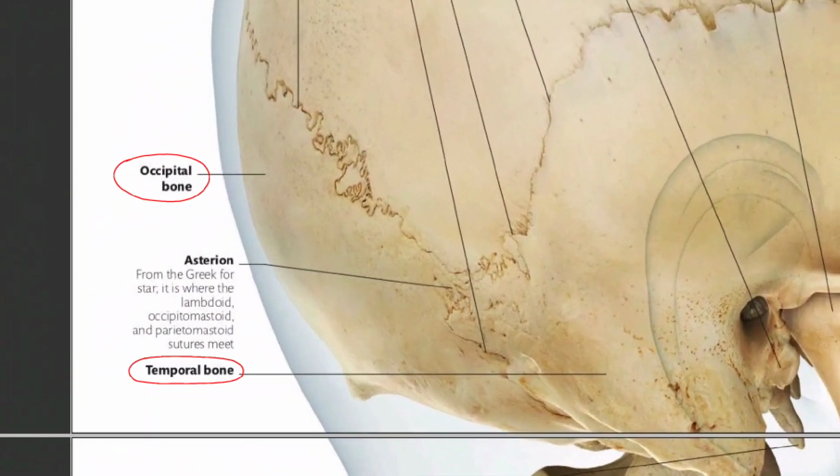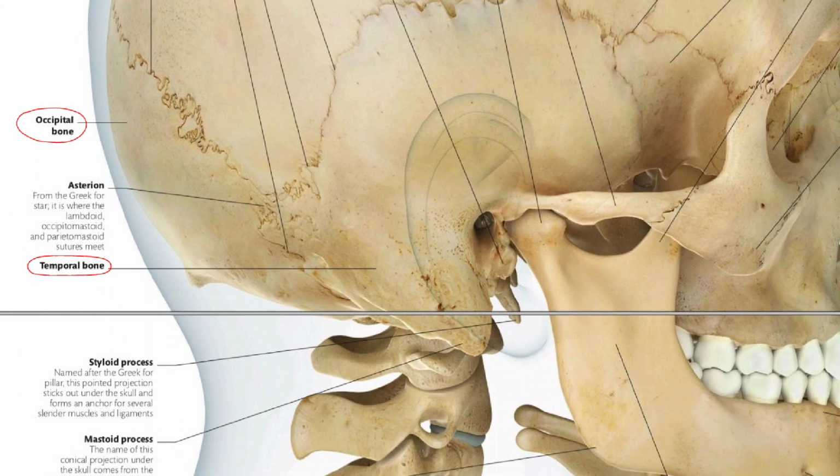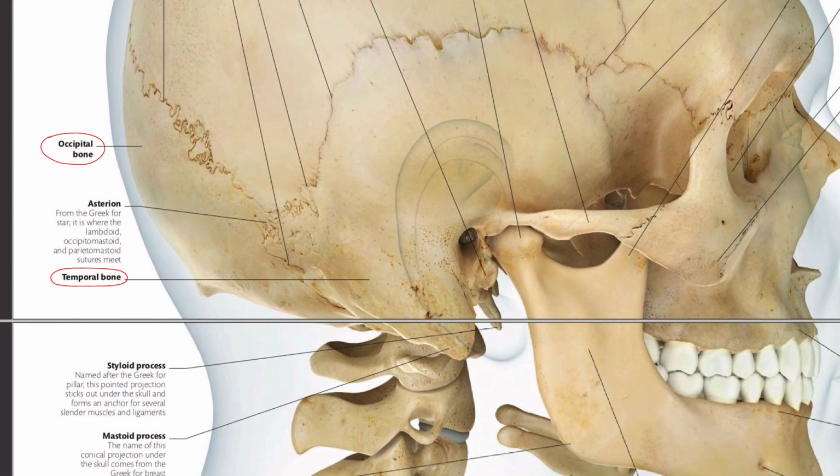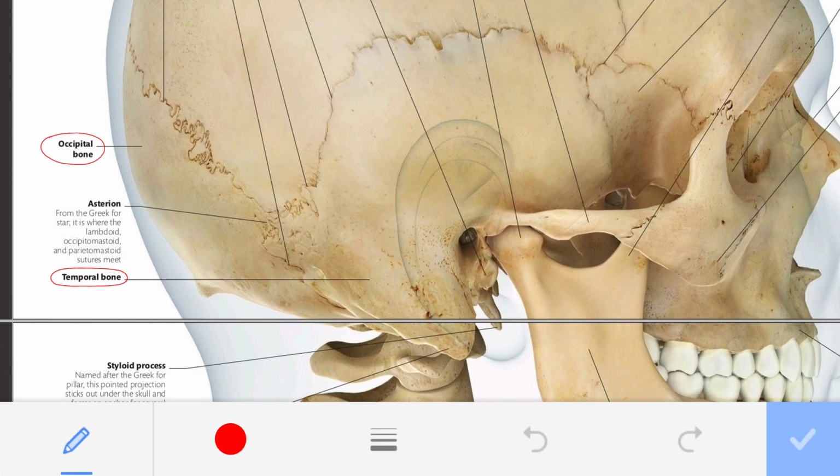Then the occipital bone. Then the temporal bone, for example, this entire bone. This is the temporal bone.